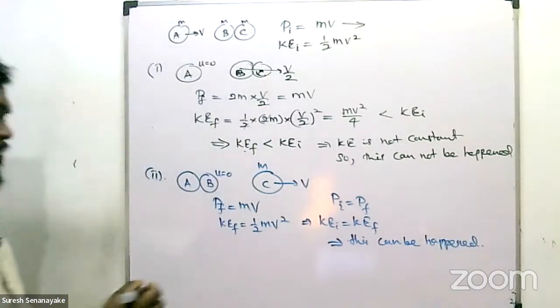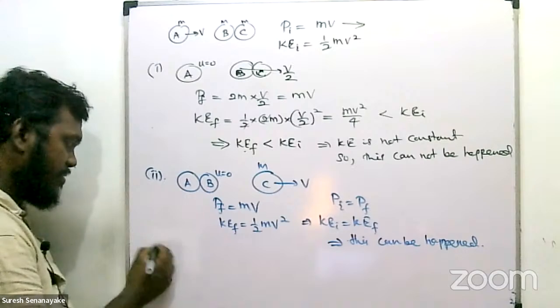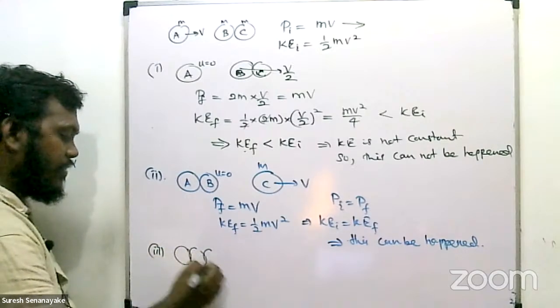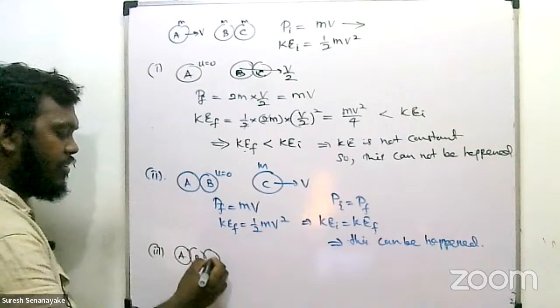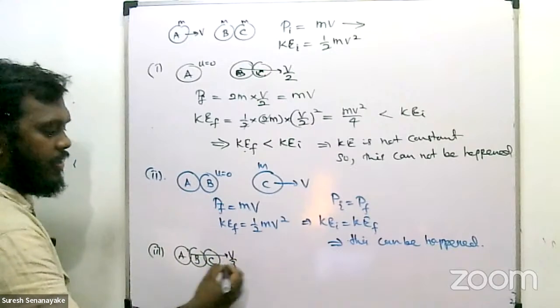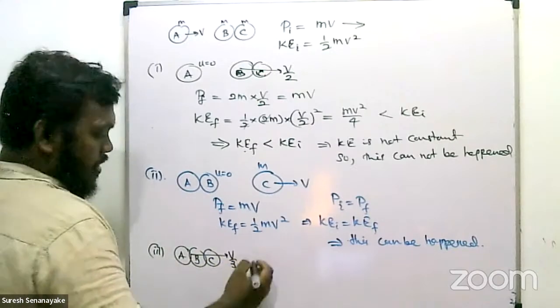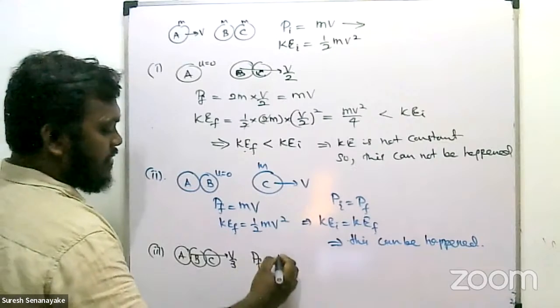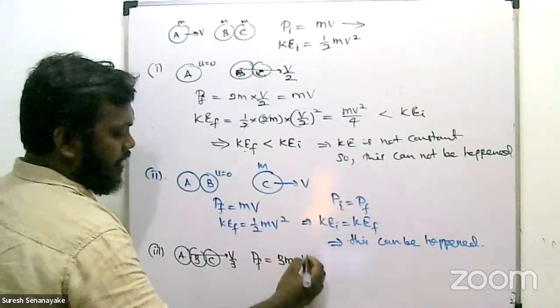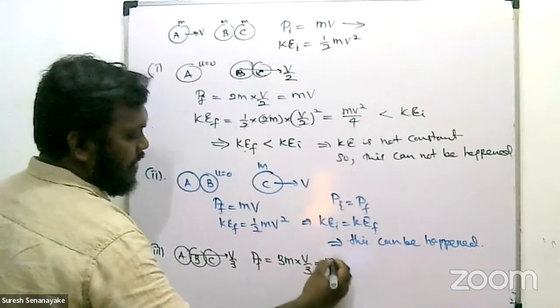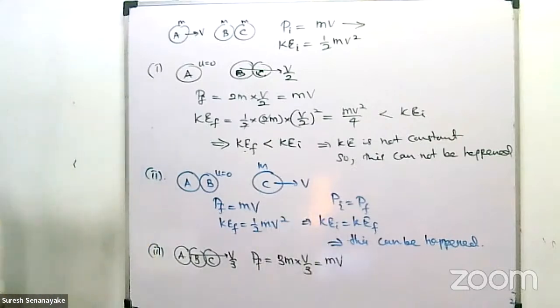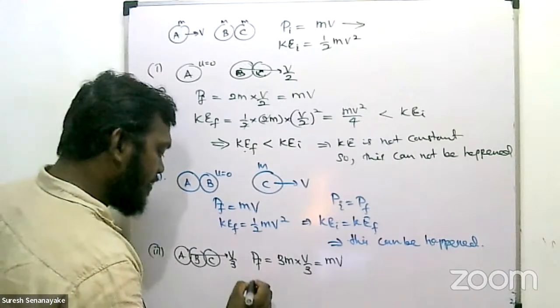Also we need to check the third one. If after the collision all move with the velocity v over 3, what is the final momentum? That's 3m mass, and velocity is v over 3. The momentum is conserved in this case also. But what's happened to the kinetic energy?